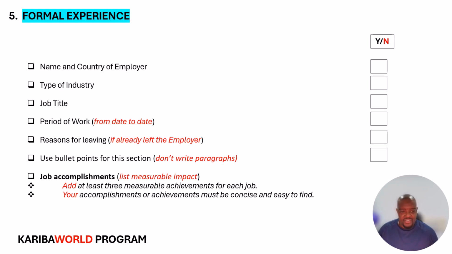Last but not least, very important, job accomplishments. List the measurable impacts. Add at least 3 measurable achievements for each job that you worked at. Your accomplishments or achievements must be concise, clear, and easy to understand.